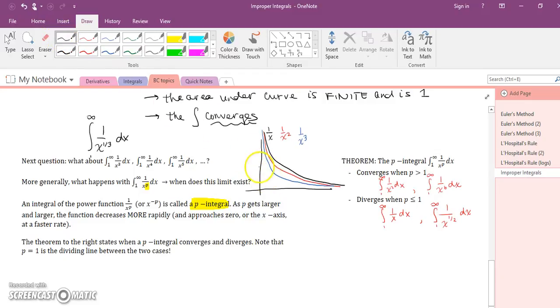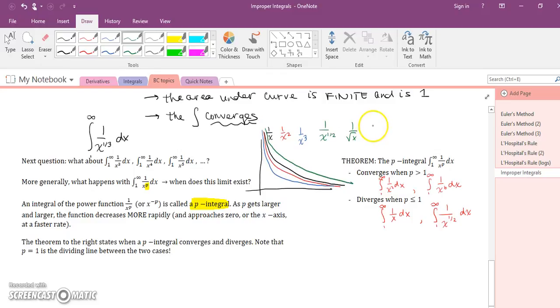What you need to remember is what happens for rational functions. If I have 1/x versus 1/x squared versus 1/x cubed, as the power gets higher and higher, the function decreases more rapidly and gets closer to the x-axis at a faster rate. The opposite is true if I had something like 1/x to the 1/2 or 1 over the square root of x. That is going to decrease at a less quick rate.